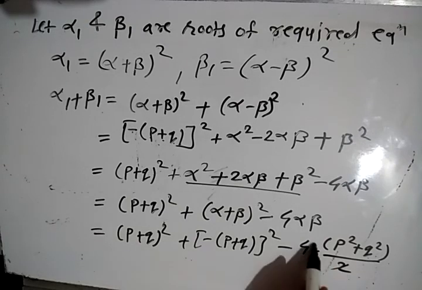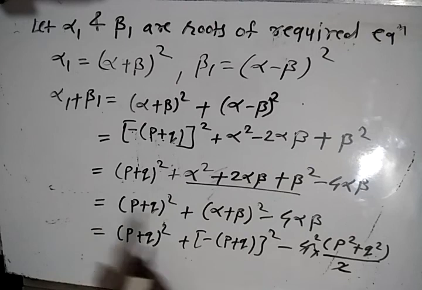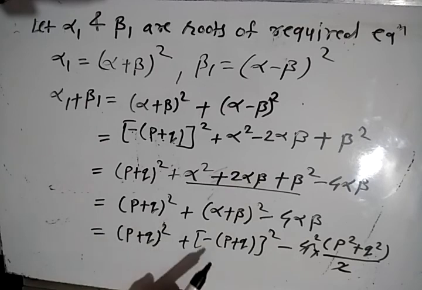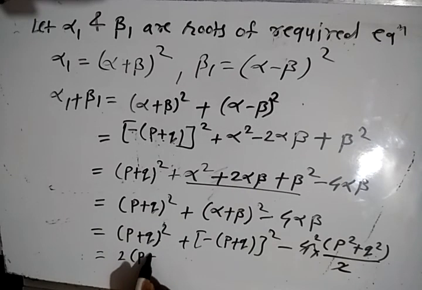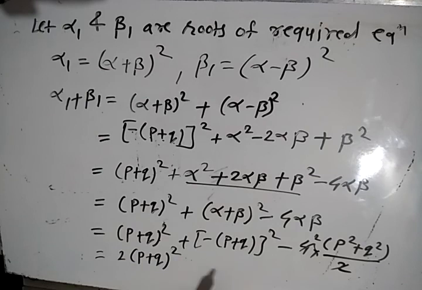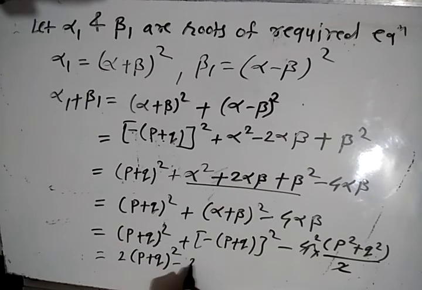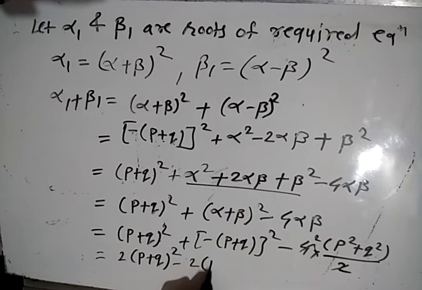Then 2 ones are 2, 2 twos are 4. When we expand this again, what do we get here? p plus q square plus p plus q square, that is 2 into p plus q square. And here minus 2 into p square plus q square.